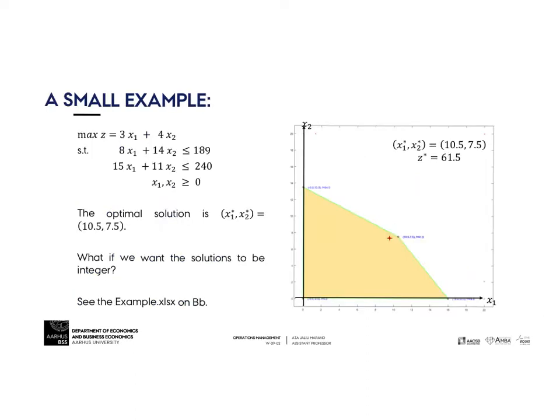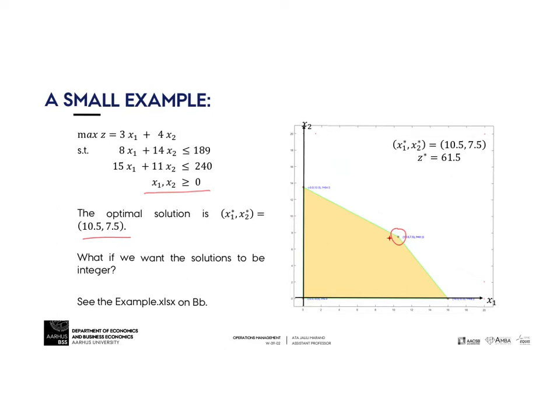We use a very small example to show what integer programming models are. Now we have a general linear programming model, where the decision variables are non-negative. If we solve this LP model, we get the optimal solution, which is 10.5 and 7.5.